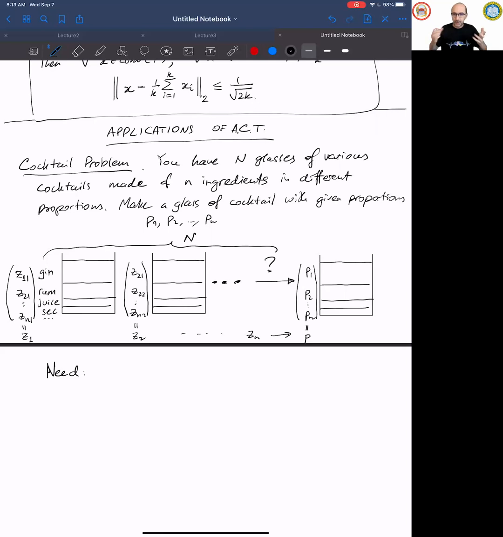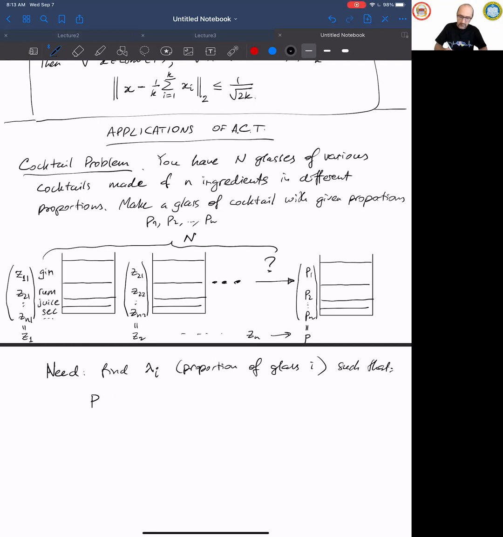We need to find the proportion of the first glass, the proportion of the second glass, the proportion of the third glass, and then we mix them in the new glass, okay? So we need to find the lambda i's, the proportion of glass i that we'll put in the new glass.